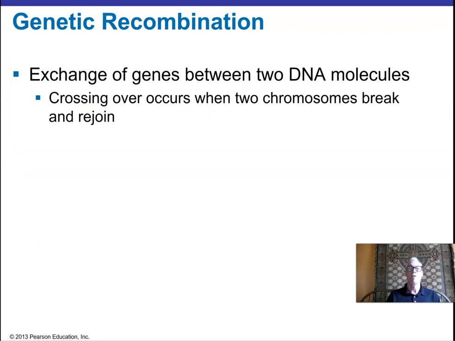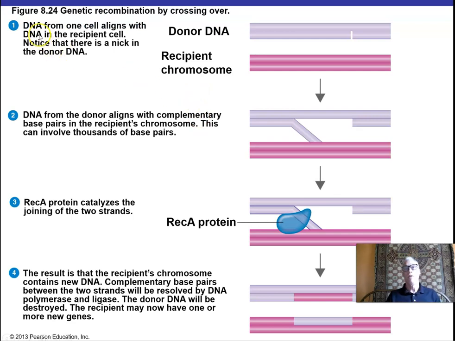Here's an interesting thing that can happen: crossing over. If there's a little bit of a homologous region between DNA sequences on two different chromosomes, for example, or part of a chromosome, a DNA sequence can hybridize with the homologous part of the sequence in this recipient chromosome, and then some enzymes, or there's a recombination enzyme, REC-A it's called, that can end up swapping out part of the chromosome, so that we now have one of the copies of each of these two, the donor and recipient, have swapped the sequence, and there could be some genetic information that wasn't even present in this genome that was present in this genome, and now it's been delivered by this recombination event.